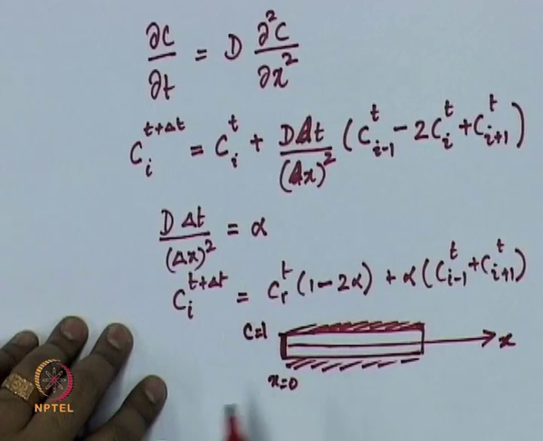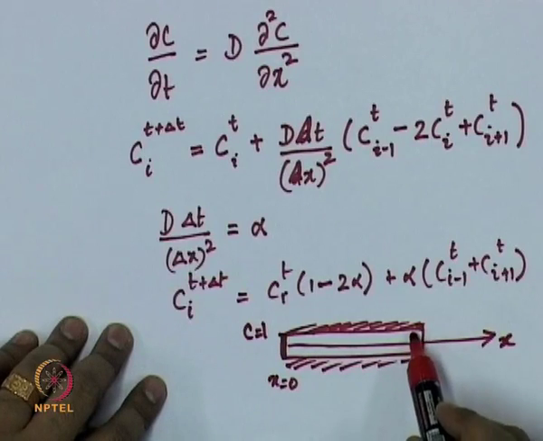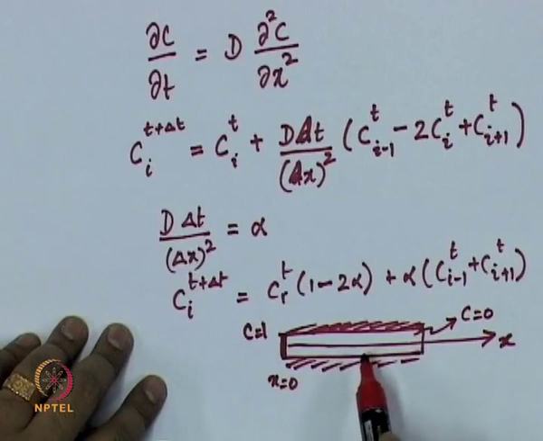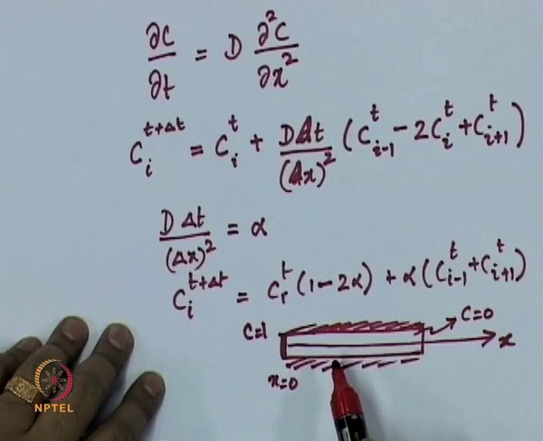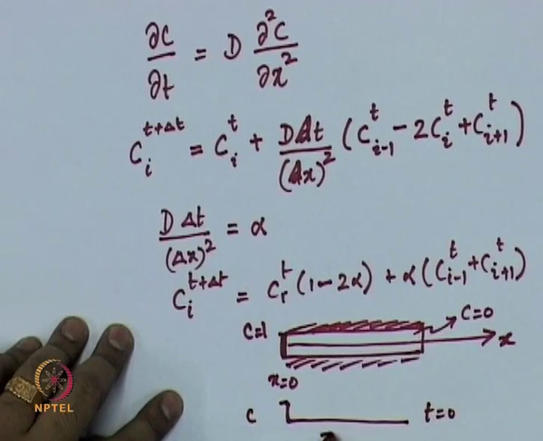Everywhere else at the beginning, the composition is going to be 0. And as time proceeds, what happens is the thing that we are looking at. So, the initial profile is very clear, it is 1 and then it goes to 0 everywhere. This is at time t equal to 0, this is C as a function of x, right.